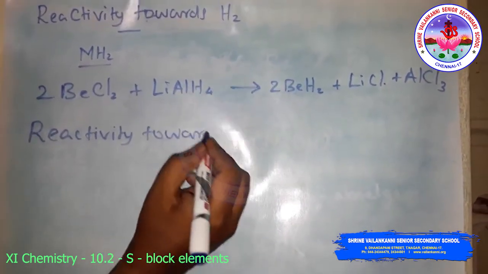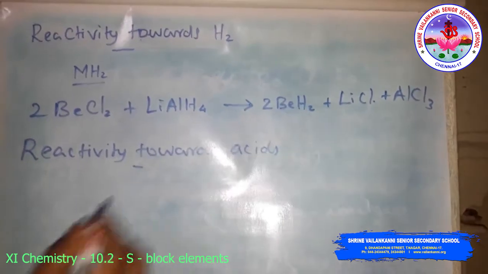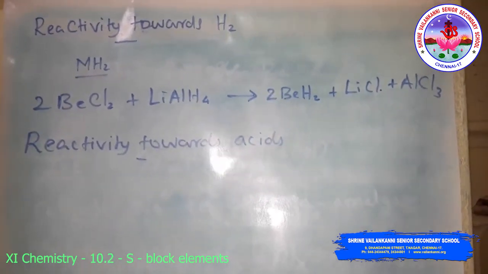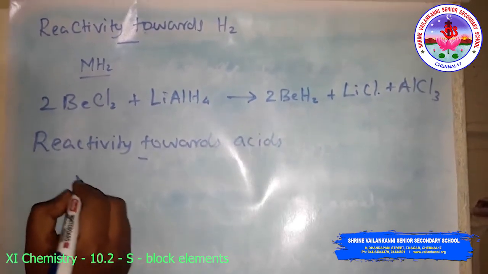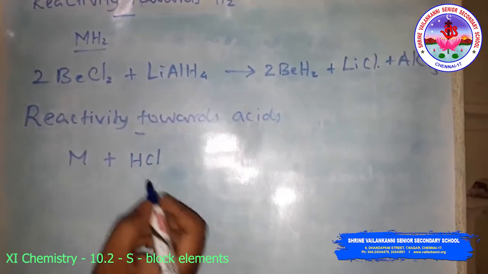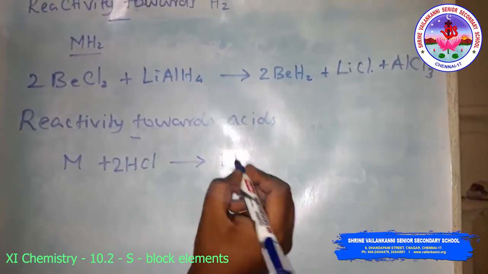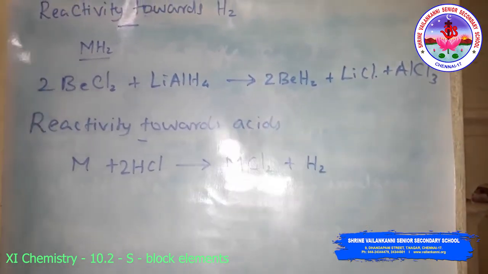Then the reactivity towards acids. The alkaline earth metals readily react with acids, liberating hydrogen gas. When a metal reacts with 2 moles of HCl, it forms the metal chloride and hydrogen gas.